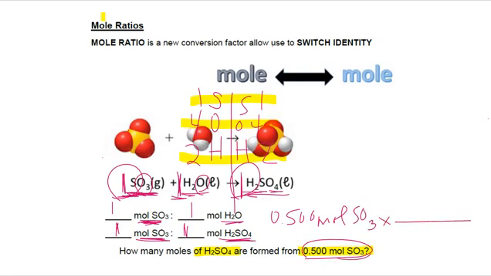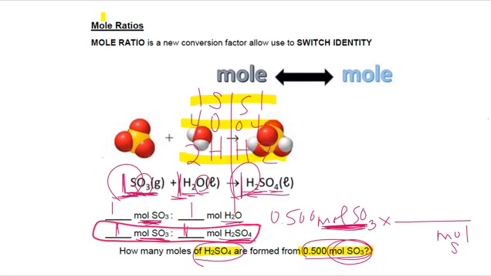So I want to compare SO3 to H2SO4. So I'm going to use this conversion factor, and since I started with moles of SO3, I've got to have moles of SO3 down here to cancel it out. What do I want? H2SO4.